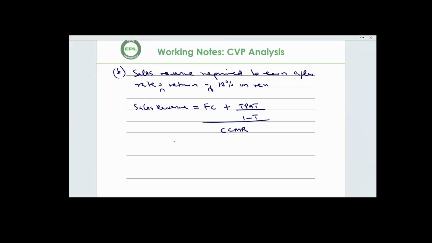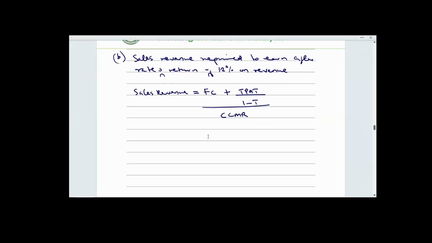That revenue is unknown, therefore you need to work it out. So let's say the sales revenue is equal to X because I don't know it.